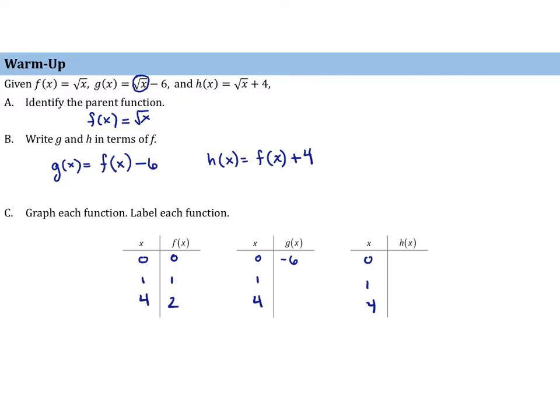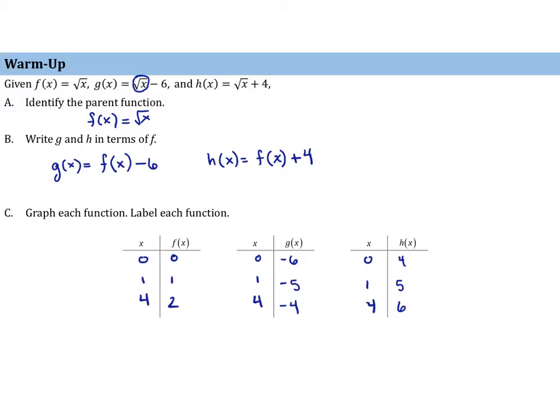Put in 1, and the square root of 1 is 1, so 1 minus 6 is -5. And 4 we'll have a square root of 4, which is 2, and subtract 6, and we get -4. If we add 4 after we apply the square root, then 0 will become 4, 1 will become 5, and 4 will become 6.